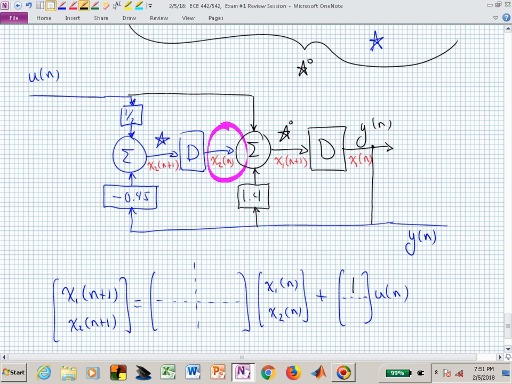I have an X sub 2 of n, not gained. Well, it's gained with 1. It's not changed. And X sub 1 of n is 1.4 times X sub 1 of n to give me X sub 1 of n plus 1. Those 3 elements make up my top row of the system matrix and the top row of my input matrix.